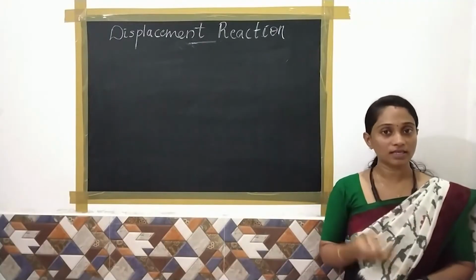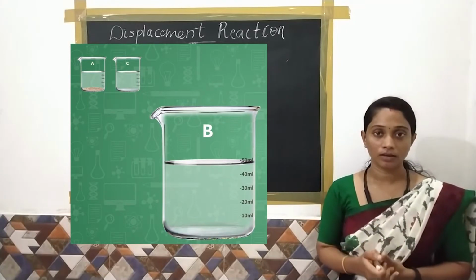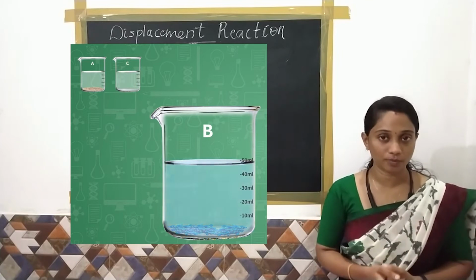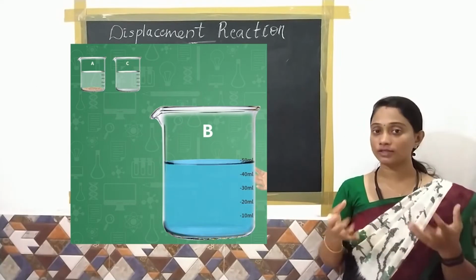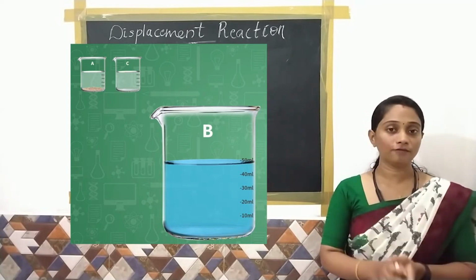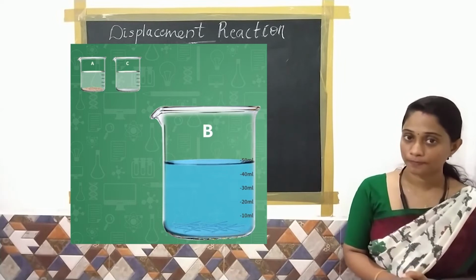Let us move to the second example. Here take the second beaker, that is beaker B. Now I am adding the same salt, that is copper sulfate powder. And we know the color of the solution is blue. Then after I am adding some iron nails to the solution.